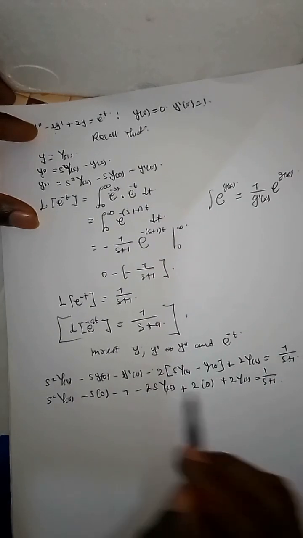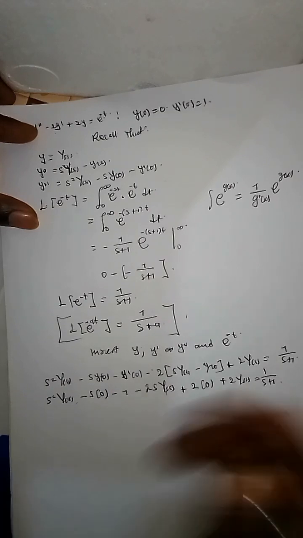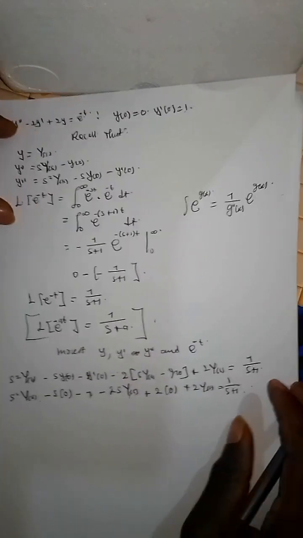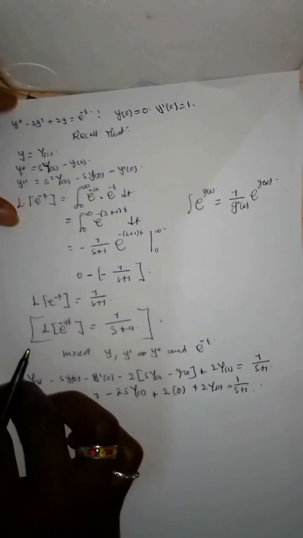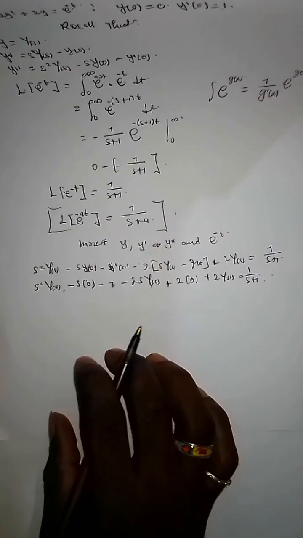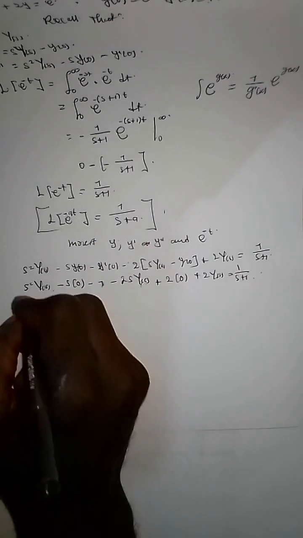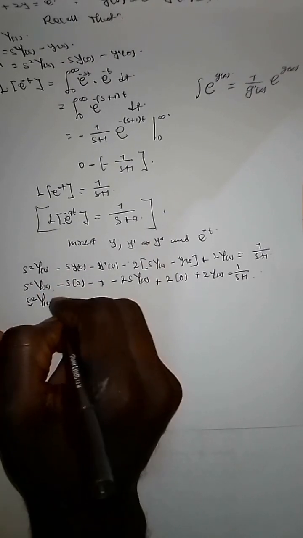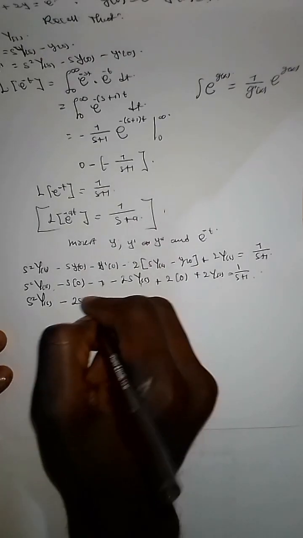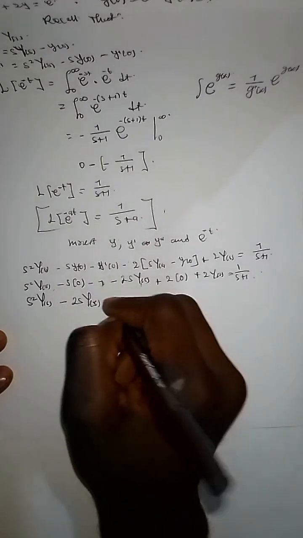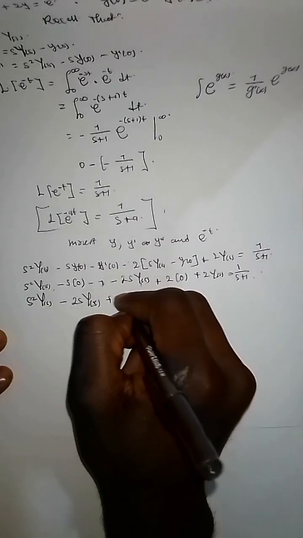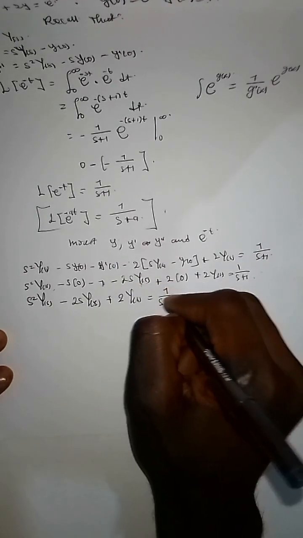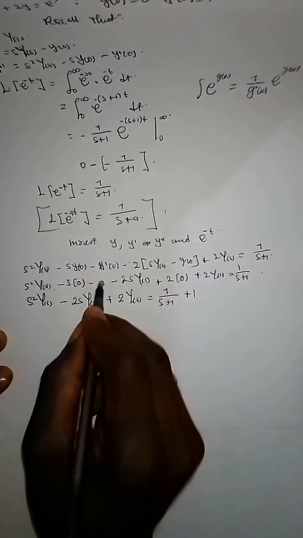Now Y of s is common, and the negative 1 we can send to the right hand side of this expression. So that will leave us with s squared Y of s minus 2s Y of s plus 2 Y of s equal to 1 all over s plus 1 plus 1, this one.